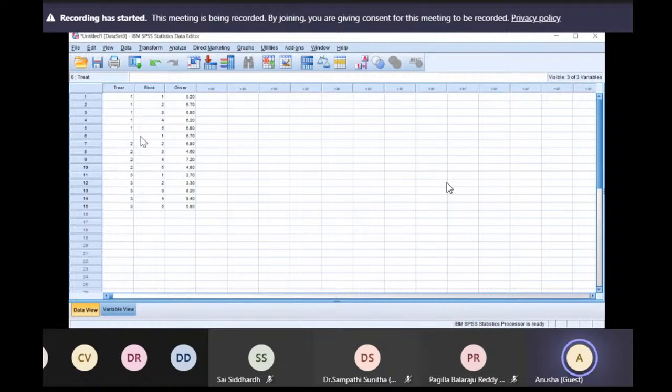Increase the rows. Here also 2 1, then the last 2 3 1. Here the observations are written as 6 and 7, and 1 2 3 4 5.